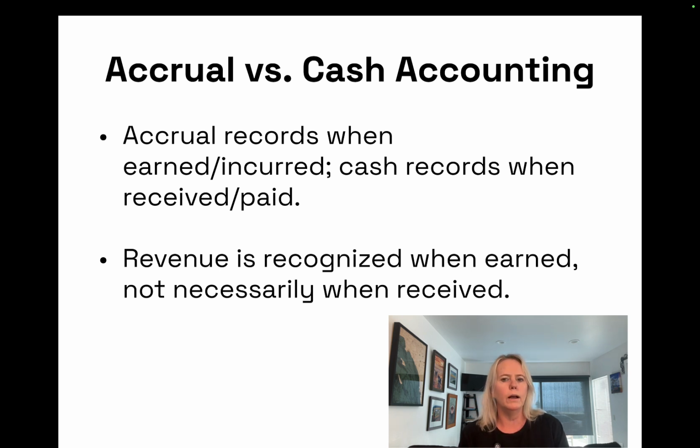Accrual accounting records cash when it is earned or incurred. So for example, in my Airbnb business, if I choose, when somebody books in July, and let's say they booked it the prior May, well, I can say that I have earned that revenue, but really it's not in my pocket until they actually use my place.